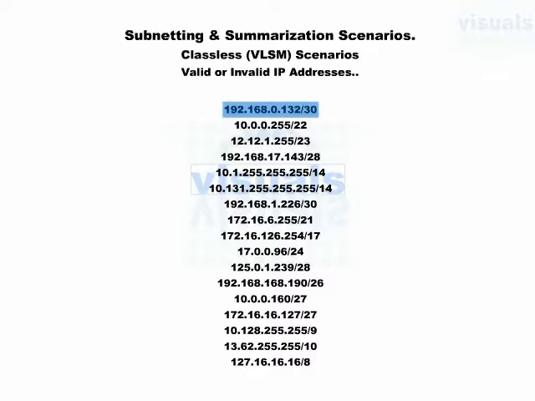Now we have to analyze. The 252 subnet mask gives the block size of 4, so just apply the 4 in the 4th octet, the difference of 4, till we reach 132.